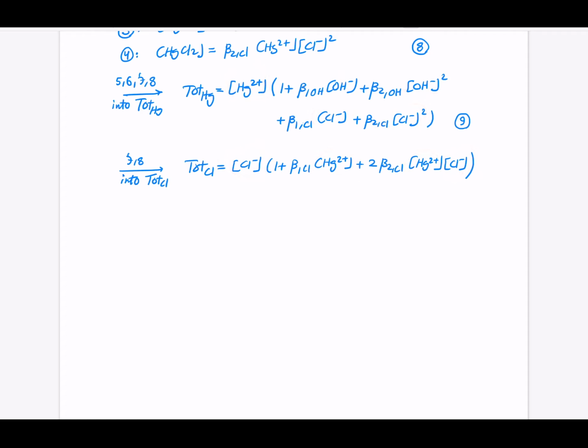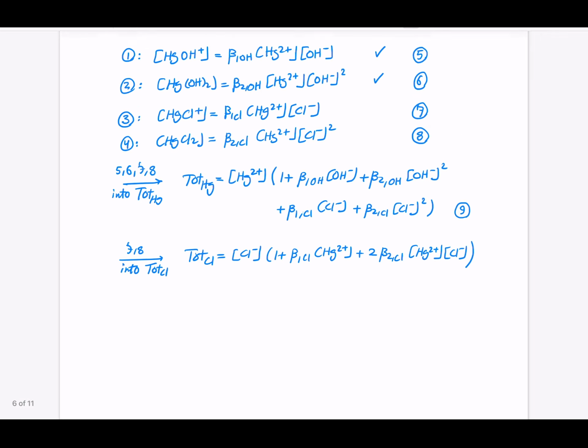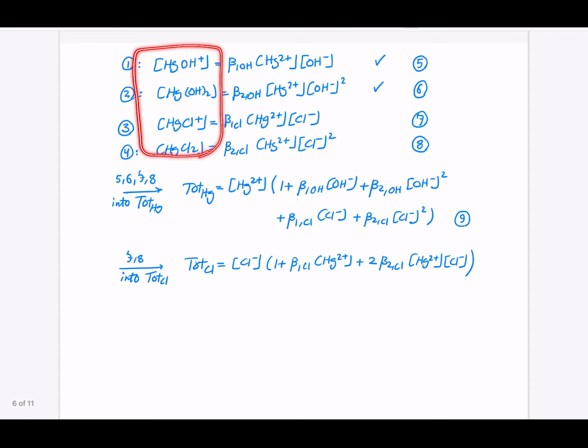And you see this is basically a nonlinear kind of equation. So one way is at each pH, you have a programming language, let's say, and you solve for Cl minus and Hg2 plus. So that would be sort of a comprehensive calculation at each pH. Once you have this one and this one, then you can basically go up and calculate all the other species. So that would be one way.